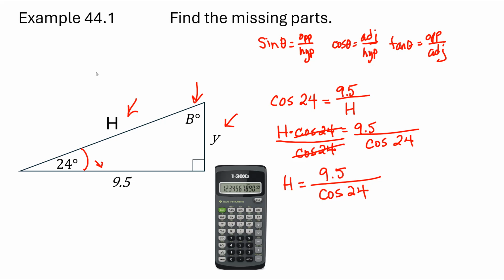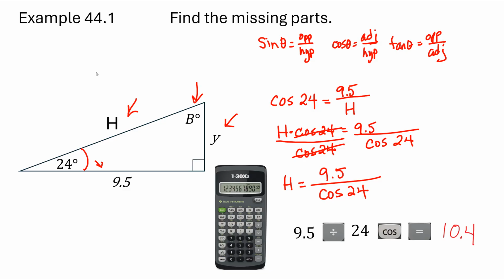If you're using this calculator, I'm going to punch it in by saying 9.5 divided by 24 cosine. You have to hit the 24 first and then the cosine to take the cosine of 24. And then I'm going to have to hit equals in order to find out what that division gives me. And it's 10.4.